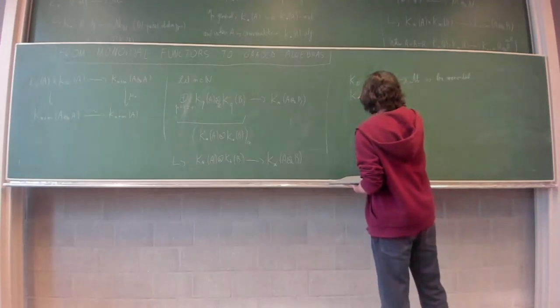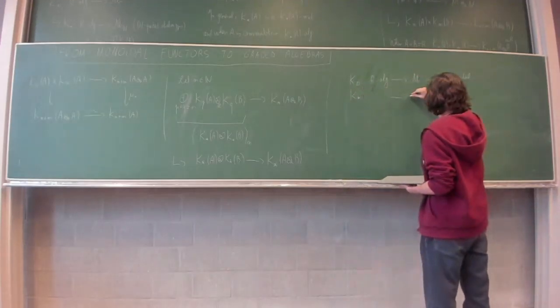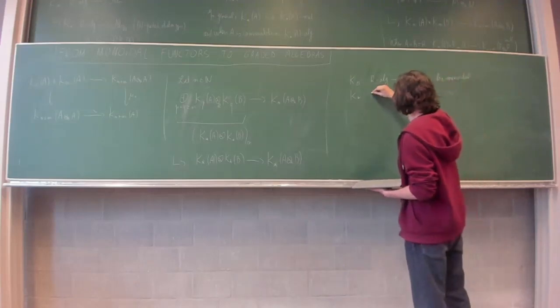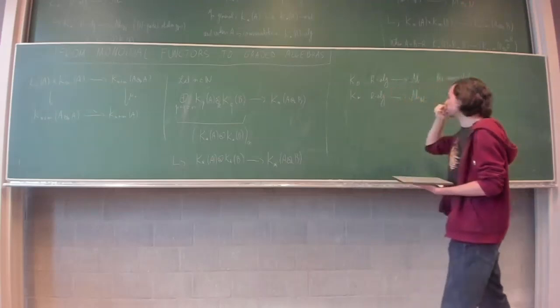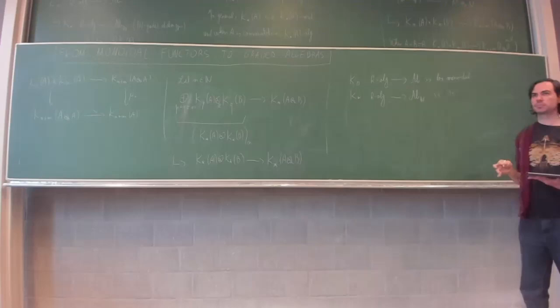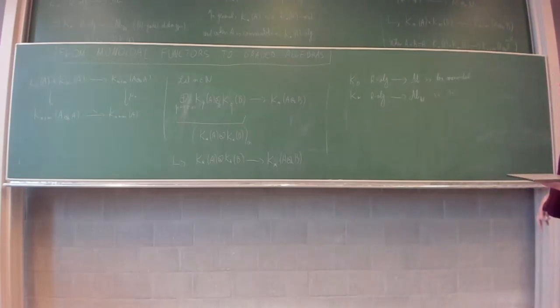K0 is monoidal to groups, and K star is monoidal to N-graded groups.